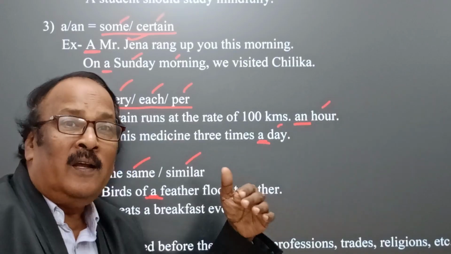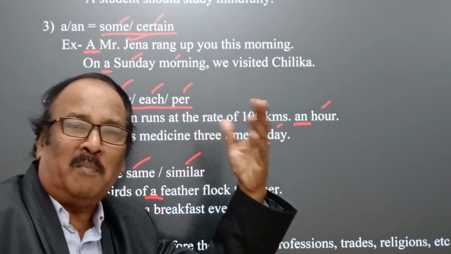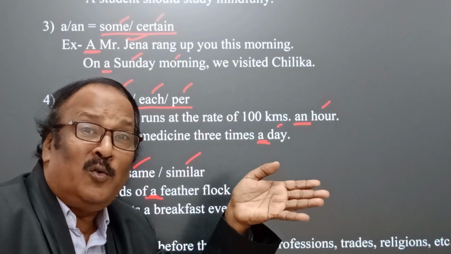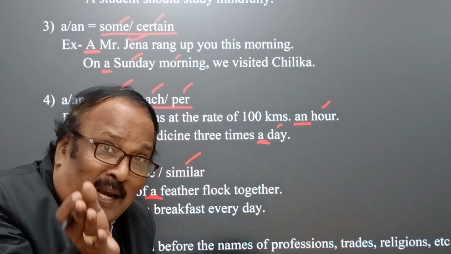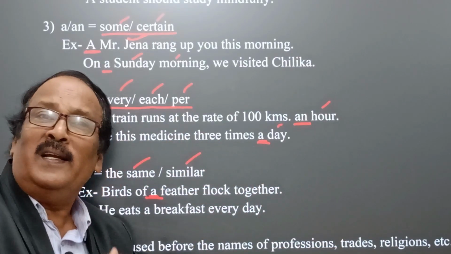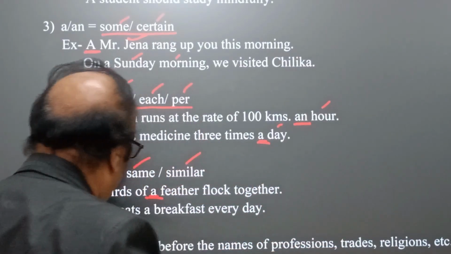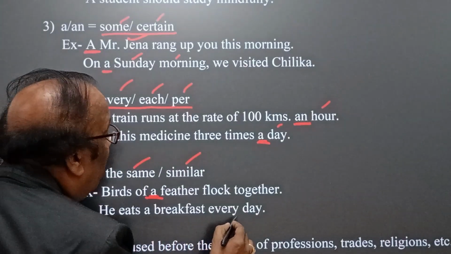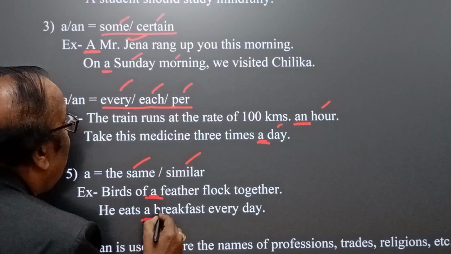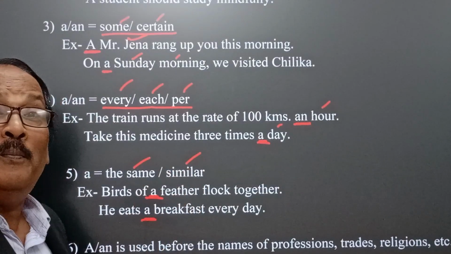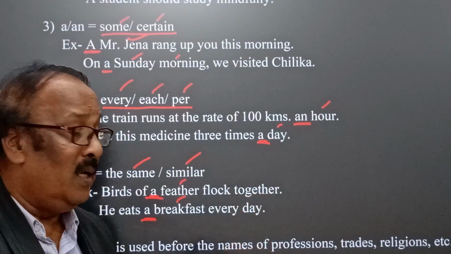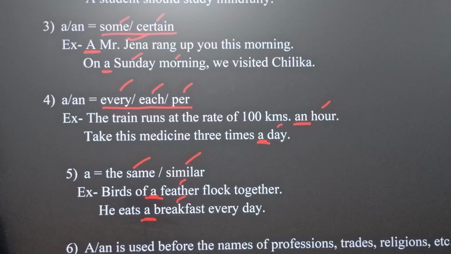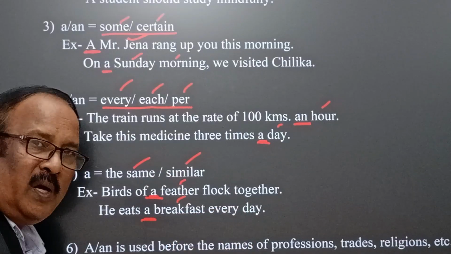It indicates that persons or animals or birds like to remain with one another in one place. It is very natural. Here we find the same: he eats a breakfast every day. A breakfast means similar breakfast. He usually takes a breakfast every day, I mean similar breakfast every day.